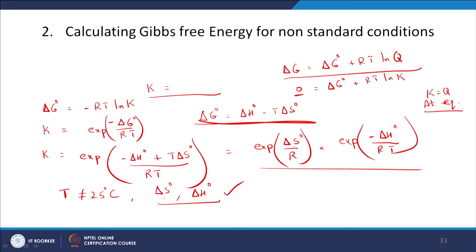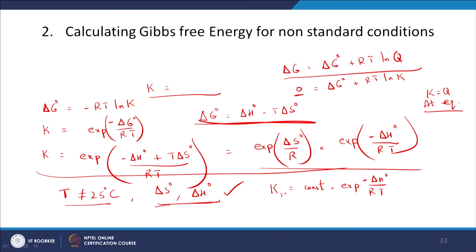So how does this particular equation transform? K will be equal to a constant, or K T naught, let us say, equal to a constant into exponential of minus delta H naught by RT, right. So that is what we have here.